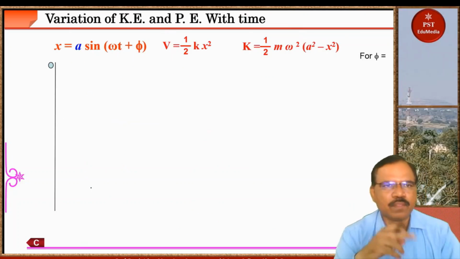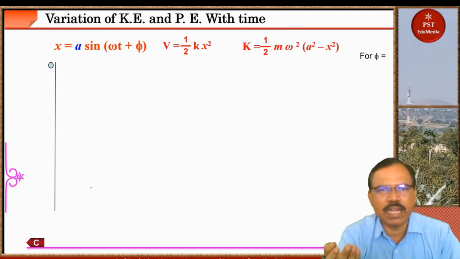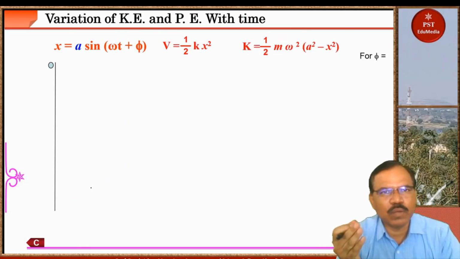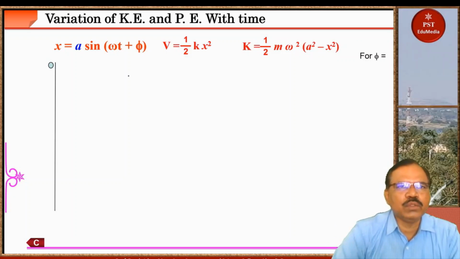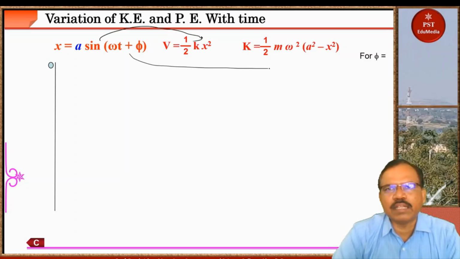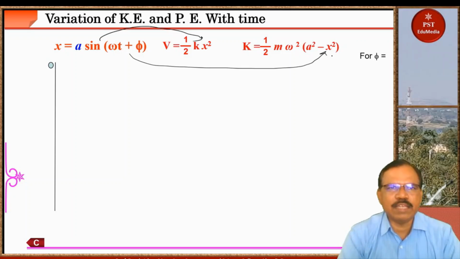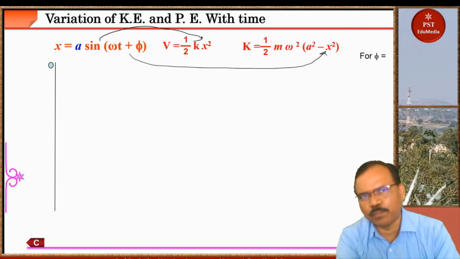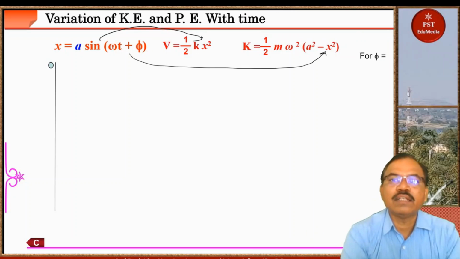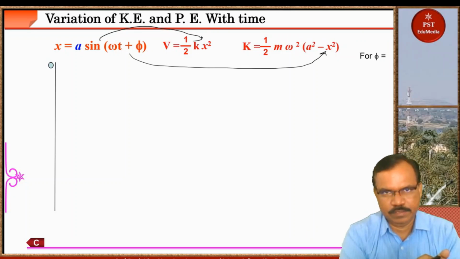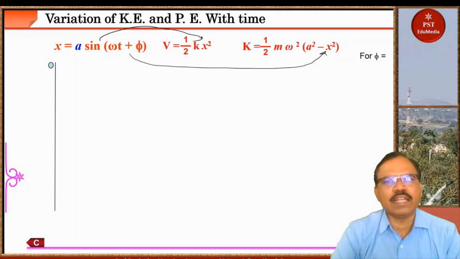Now if x is equal to a sin omega t plus phi, and v is equal to 1 half k x square, you can use this sin omega t plus phi here and here. With time x is changing, so v is changing and k is changing. Potential energy is changing, kinetic energy is changing.